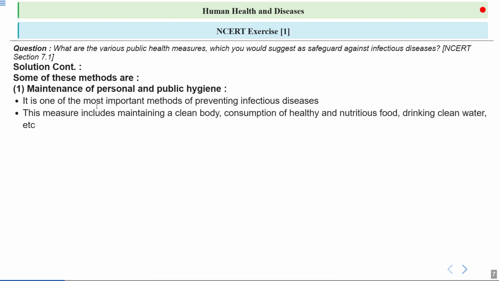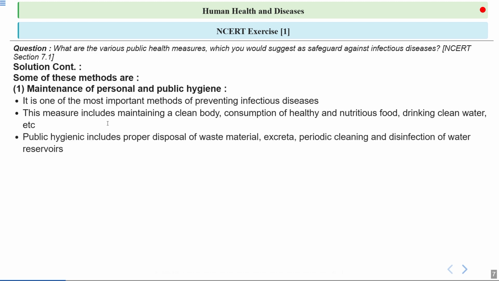This includes keeping your body clean, eating healthy and nutritious food, and drinking clean water. These habits help your immune system stay strong. Public hygiene means things like proper disposal of waste and excreta and regularly cleaning and disinfecting water reservoirs. These steps prevent germs from spreading in the community.